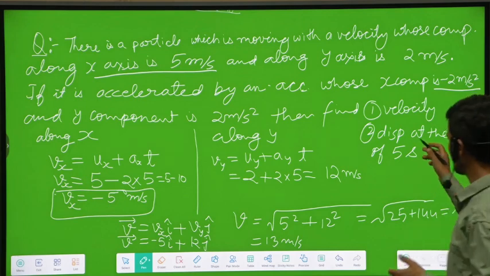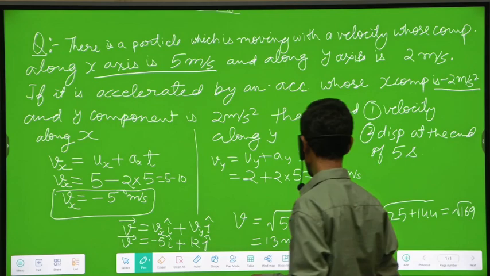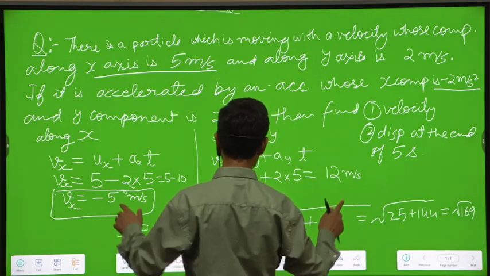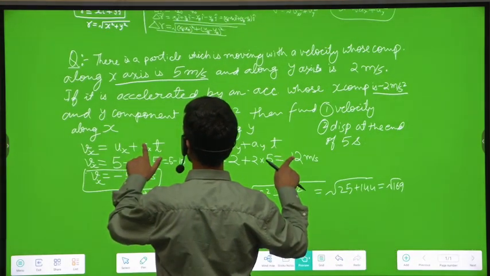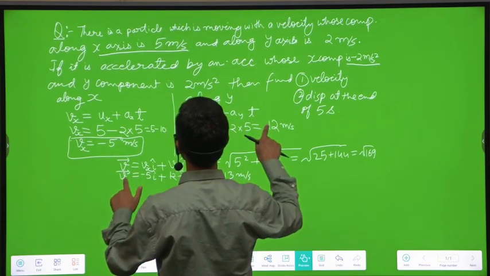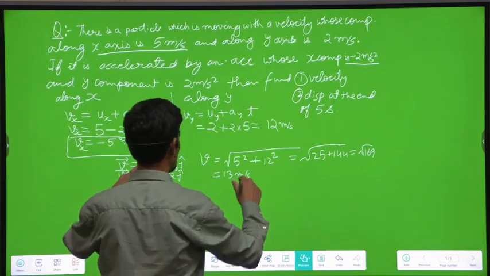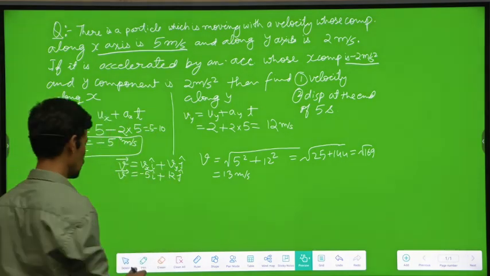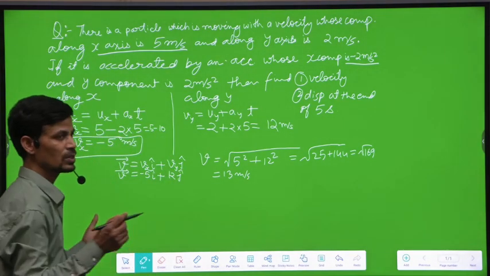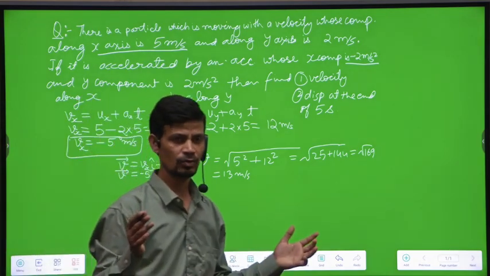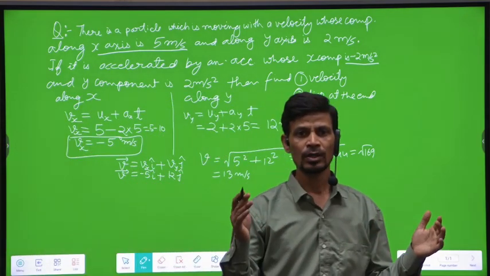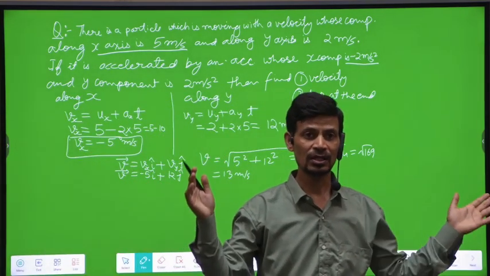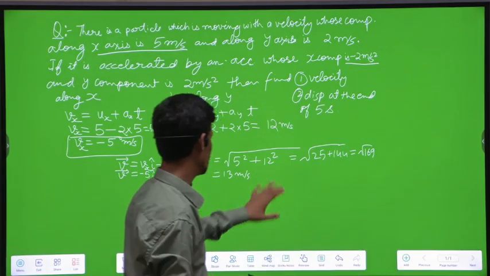In the same manner we can do it for displacement, but now I am going to tell you a shortcut for this. This was just to give you an idea how we can resolve a two-dimensional motion into two different one-dimensional motions, and then club them together.